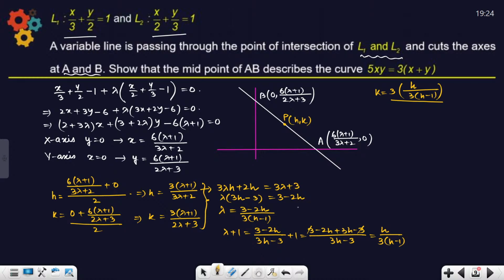What is 2 lambda plus 3? Let me calculate here. What is 2 lambda plus 3? So we are having, so what are we having now?